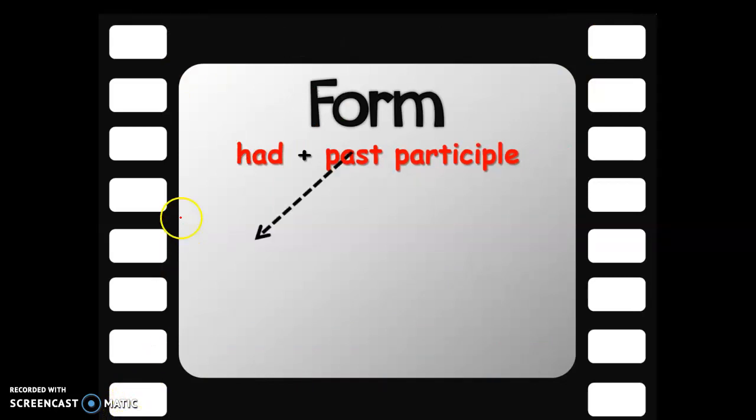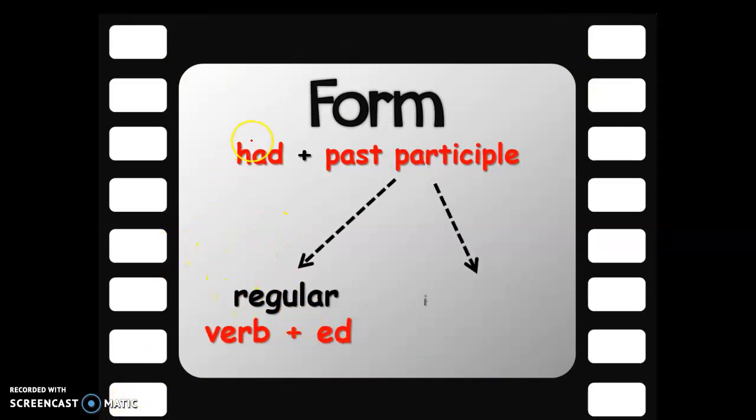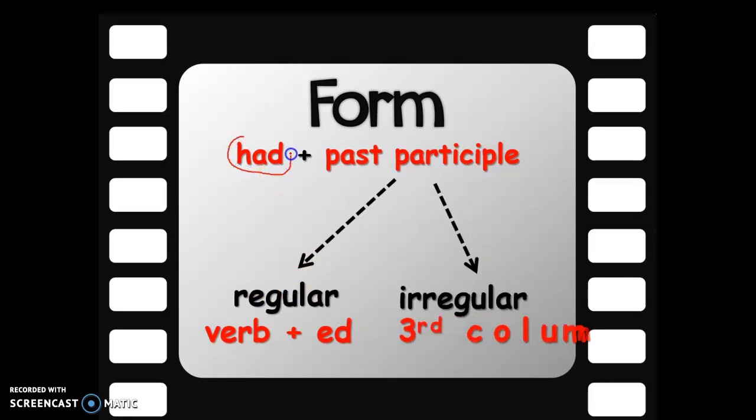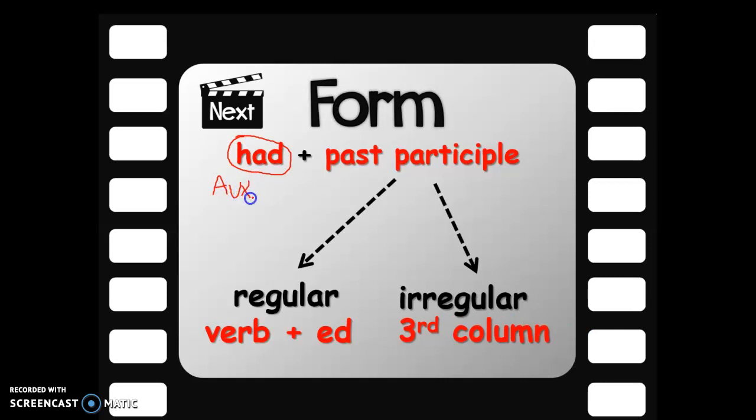The form of past perfect is, first of all, we need the verb had. This is going to be our auxiliary, plus the past participle of the verb. In the regular verbs, our past participle is going to end in -ed.